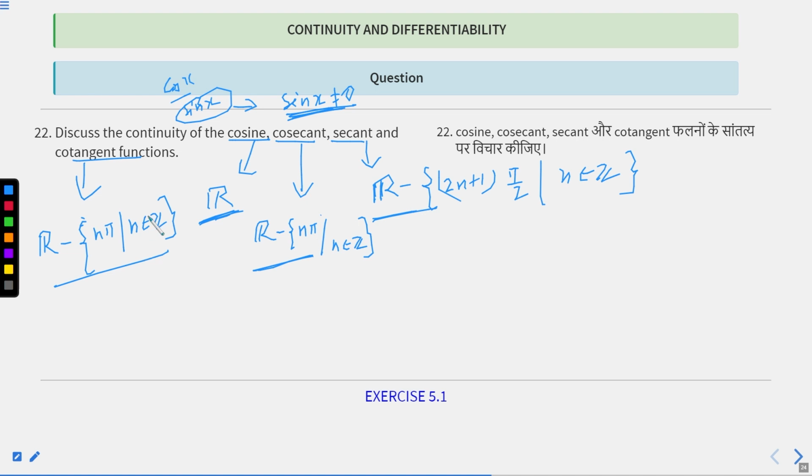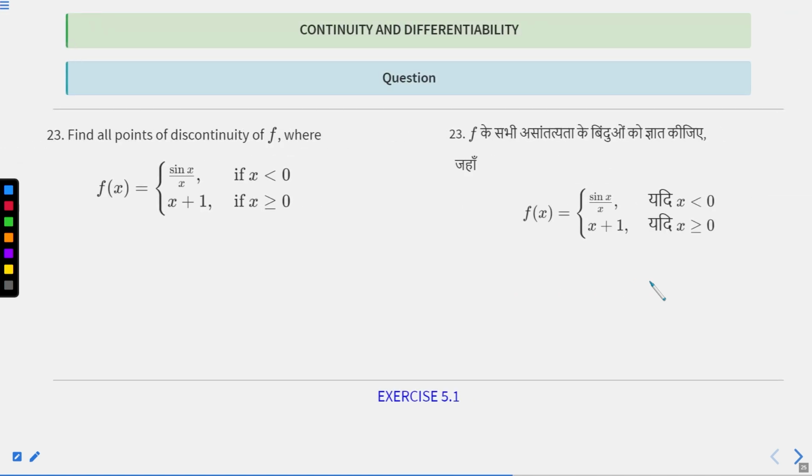So all the given trigonometric functions are continuous on these given domains. Clear? Let us move next.